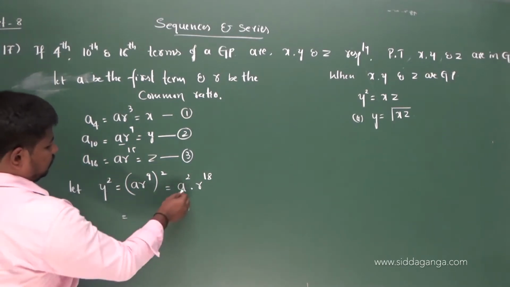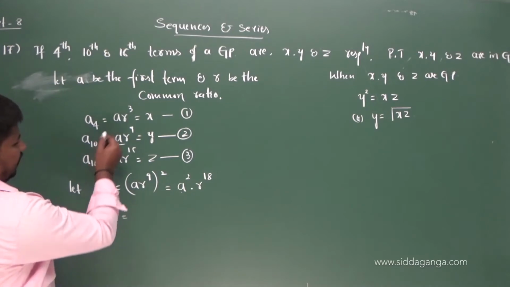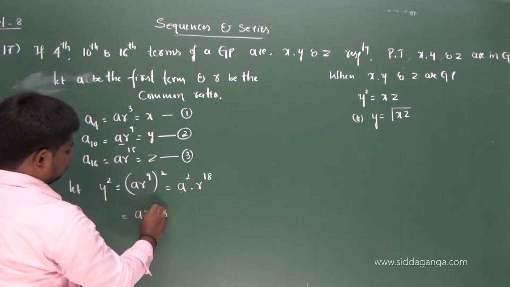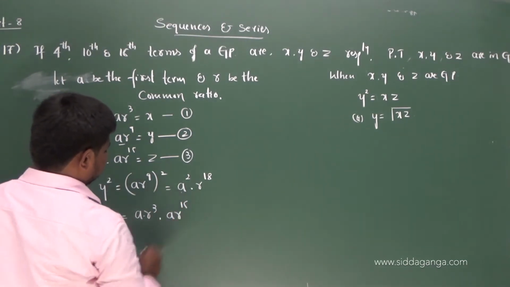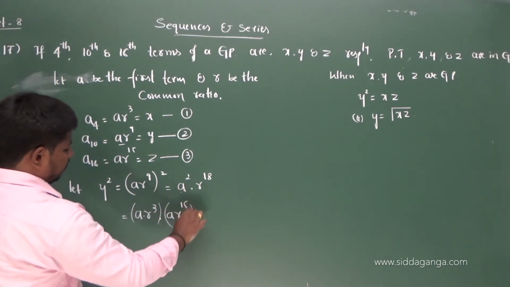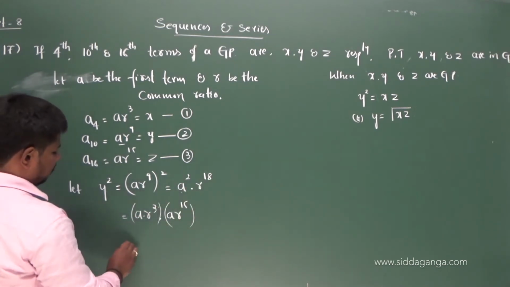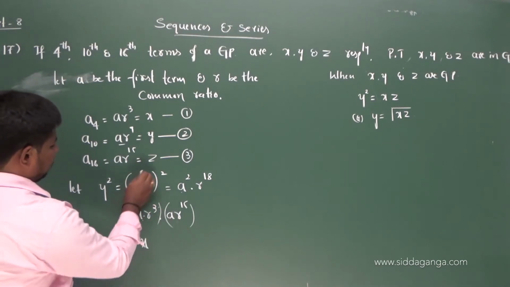I am going to rewrite this as x into z, in the sense AR cube into AR power of 15. A into A gives A square, and R power of 3 times R power of 15 gives R power of 18. AR cube is nothing but x, and AR power of 15 is nothing but z.